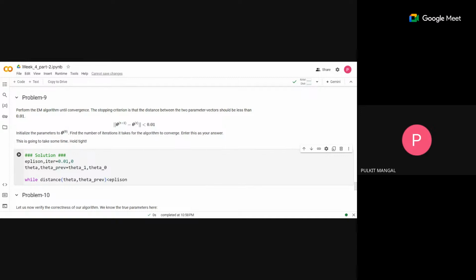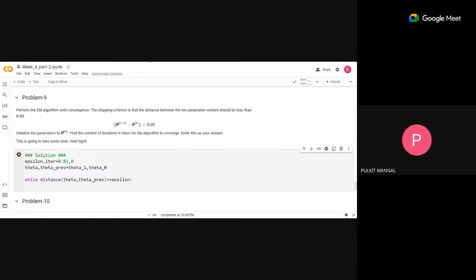No, we have to run the loop until it is greater than epsilon. We have to run the loop until this distance is greater than our epsilon, that is the stopping criteria.